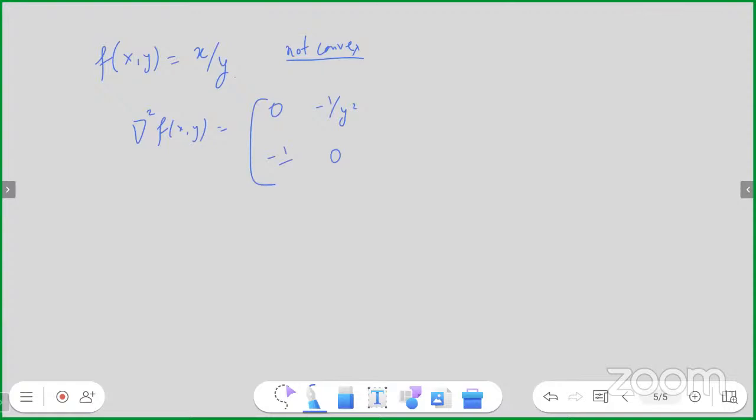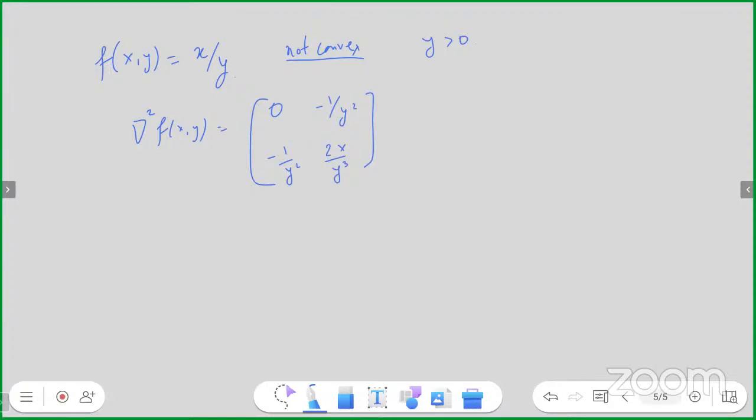Symmetric. Okay. Fine. And y is greater than 0, always remember. The last entry is 2x by y cube. Okay. Fine.